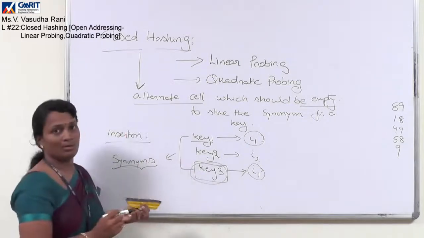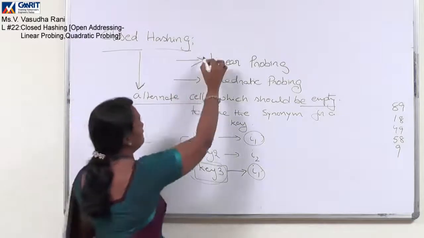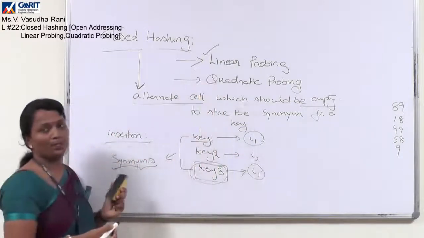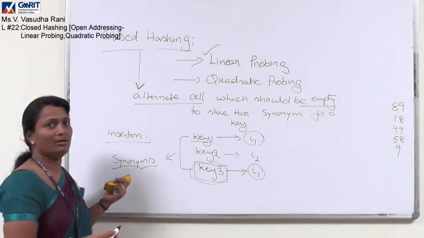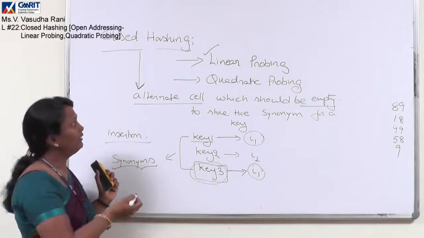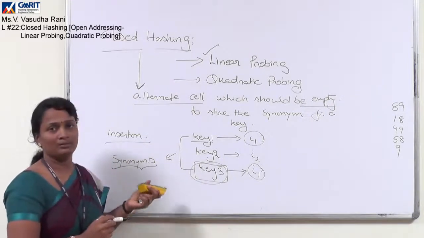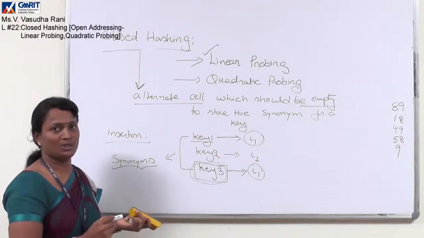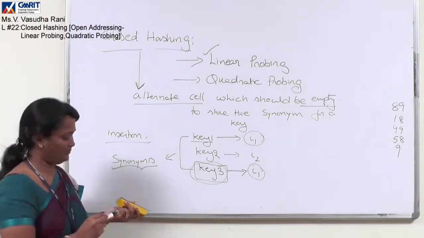That is what closed hashing is. Now we will go into detail on linear probing: what the hash function is, and how using that hash function we can solve the problem of collisions or synonyms.